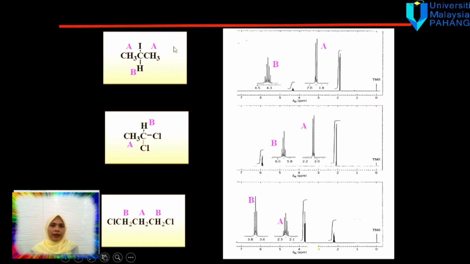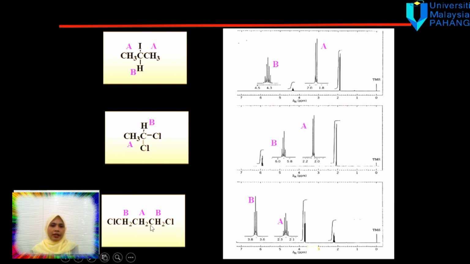How can we identify the splitting pattern? We have to refer to the neighboring protons. For this signal, it becomes a doublet. A, you can see, is a doublet. For B, we can see 3 plus 3, 6, 6 plus 1 is 7. So the total is a septet. And this signal becomes a doublet. A is a doublet. B becomes a quartet, because the neighboring is 3, plus 1 is a quartet: 1, 2, 3, 4.